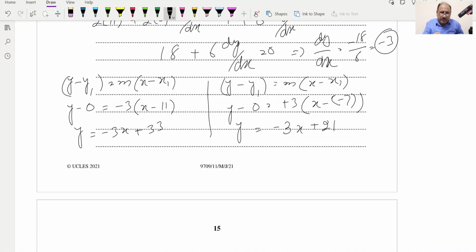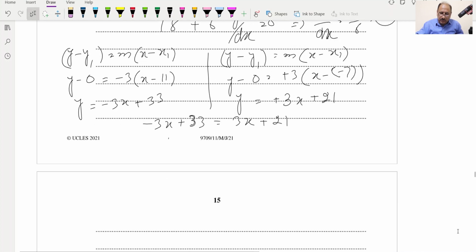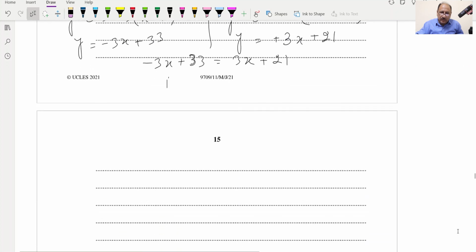Now we can equate these equations. Minus 3x plus 33 is equal to 3x plus 21, and 6x, so we can write on the next page.